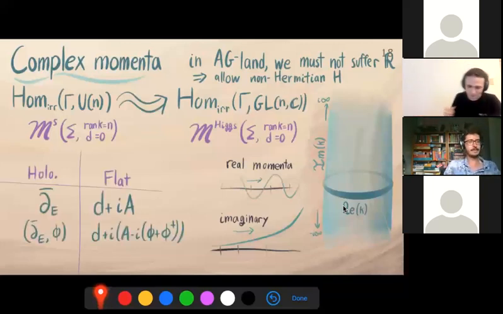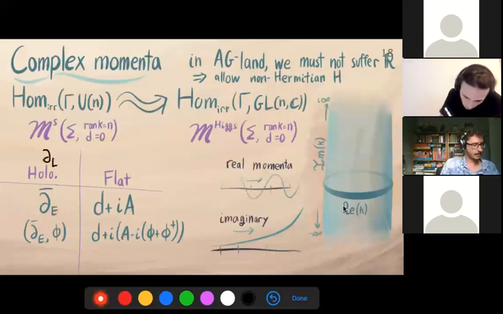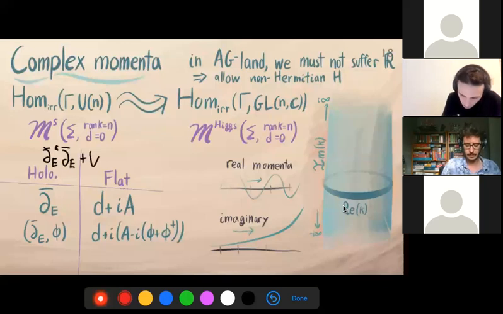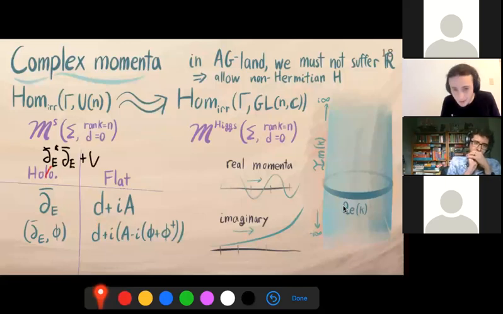But we're in math land, we're in AG land, so we accept it when physics isn't happy, right? So to actually see how these complex momenta come into play and how they relate to Higgs bundles, remember our Hamiltonian, let's just rewrite it. Our Hamiltonian was this guy, del bar E plus V, right? The equivalence between flat bundles and holomorphic bundles means that this Dolbeault operator is just the flat connection for some choice of connection.